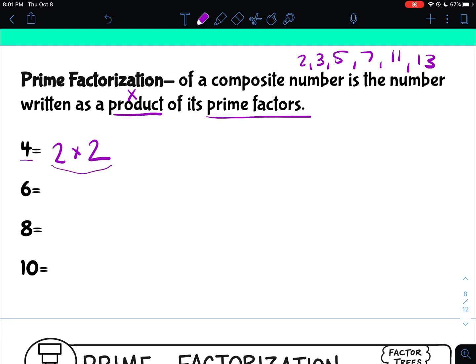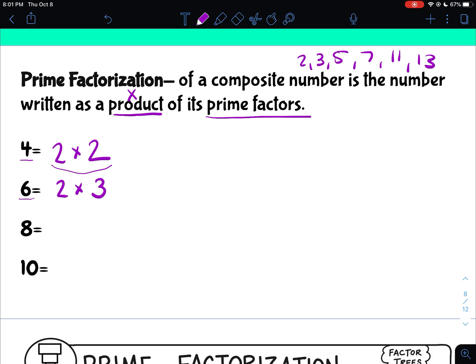Okay, so that's basically what it is. You're rewriting every composite number as a multiplication problem using prime numbers. Okay, so 6. If I would multiply prime numbers to get 6, I would do 2 times 3. So the prime factorization of 6 is 2 times 3.